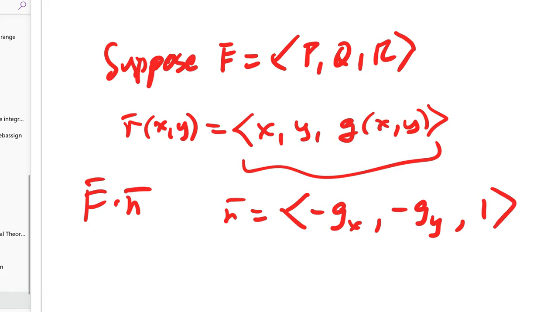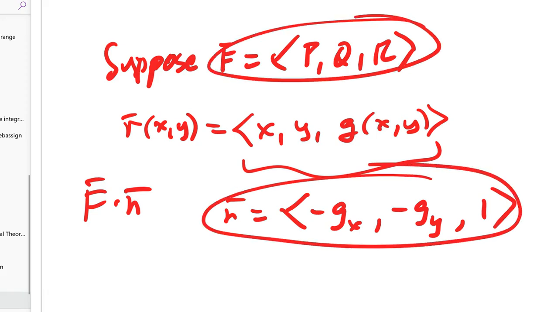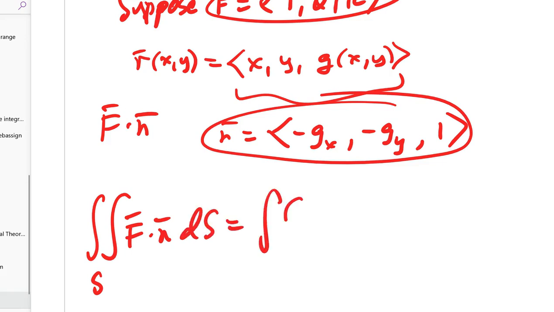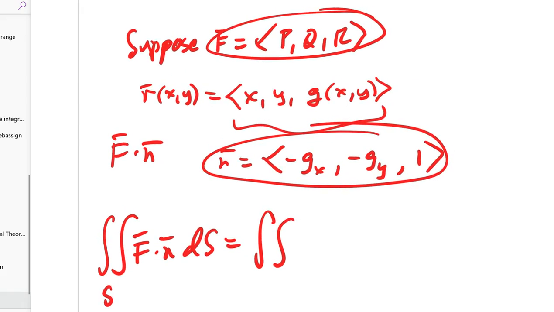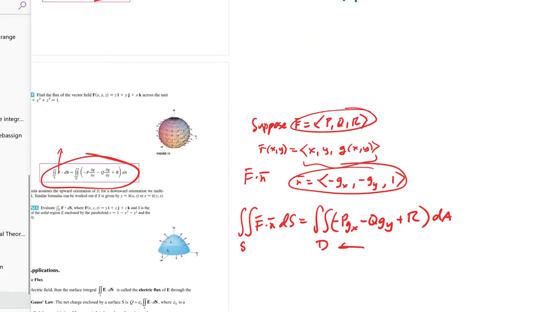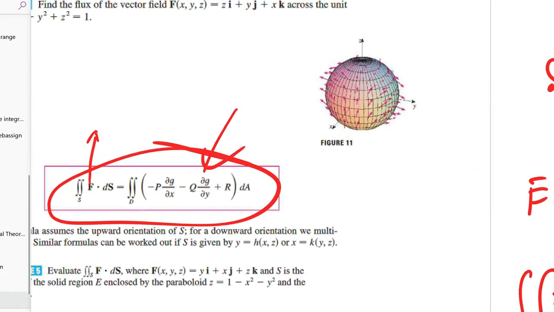So when you do F dot N, you do PQR dotted with this, you get the double integral over S of F dot N dS, which is the double integral of, now you do the dot product, negative P G sub X minus Q G sub Y plus R over S. And now we're going to use the domain of our X and Y here and integrate over that. And so that's where they get all of this.